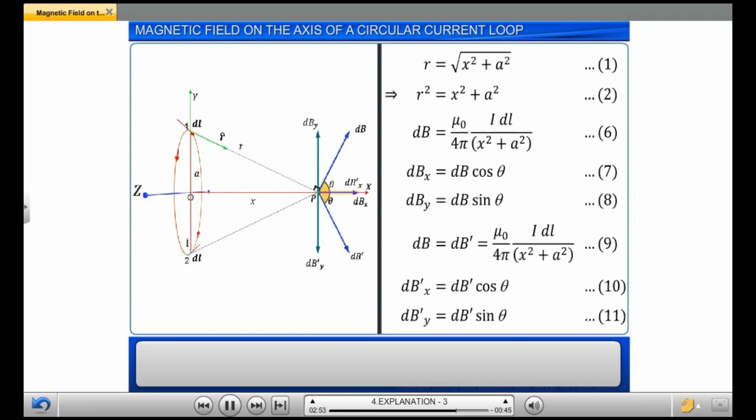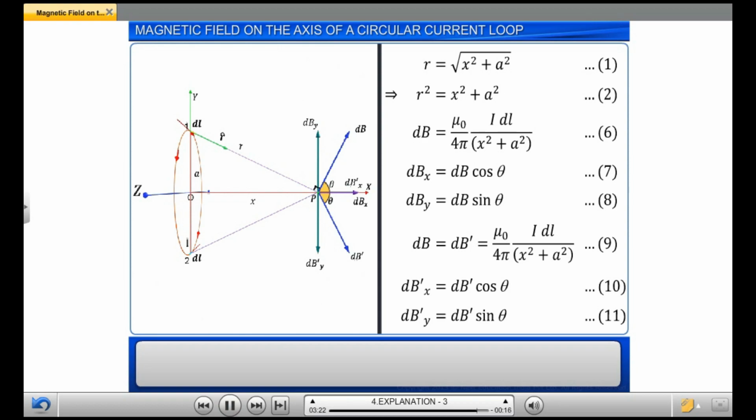The horizontal components of the magnetic induction at P due to both these elements, dBx and dBx dash, are equal in magnitude and are in the same direction. The normal components of the magnetic induction at P due to the small elements at positions 1 and 2 are equal in magnitude and are in opposite directions.